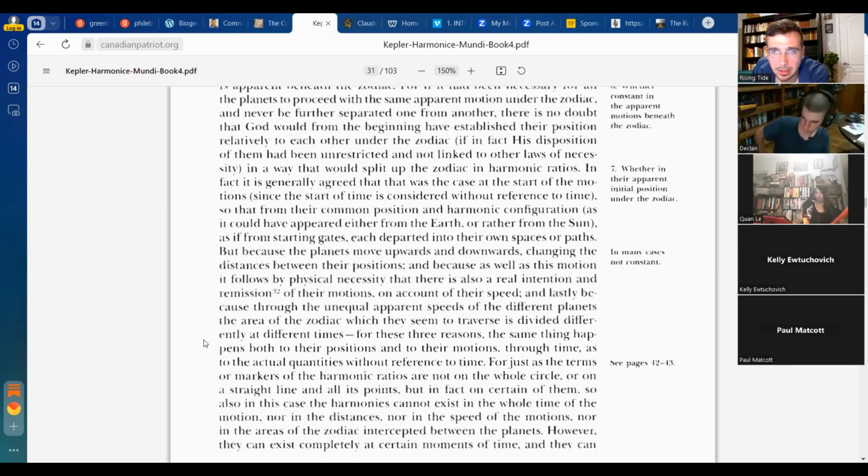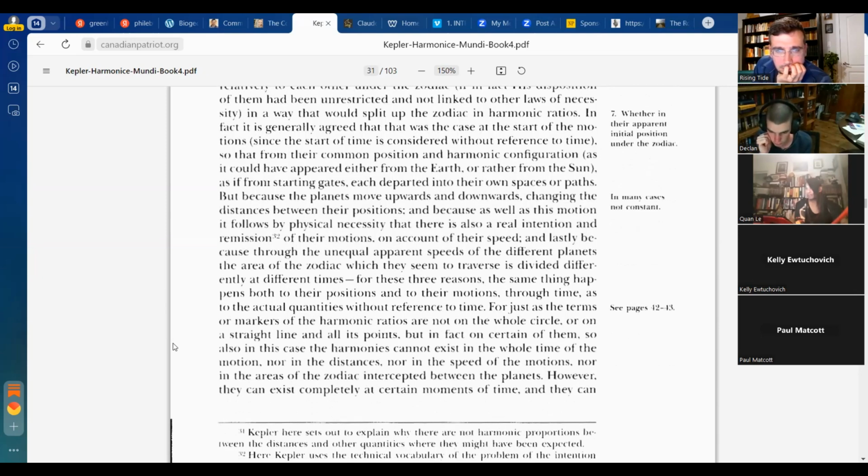Sorry about that. Just as the terms or makers of the harmonic ratios are not on the whole circle or on a straight line and all its points, but in fact on certain of them, so also in this case the harmonies cannot exist in the whole time of the motion, nor in the distances, nor in the speed of the motions, nor in the areas of the zodiac intercepted between the planets.